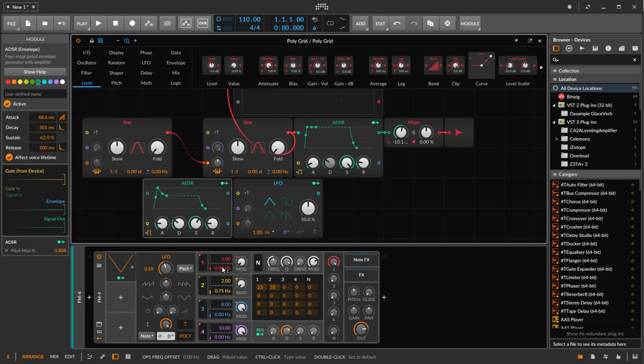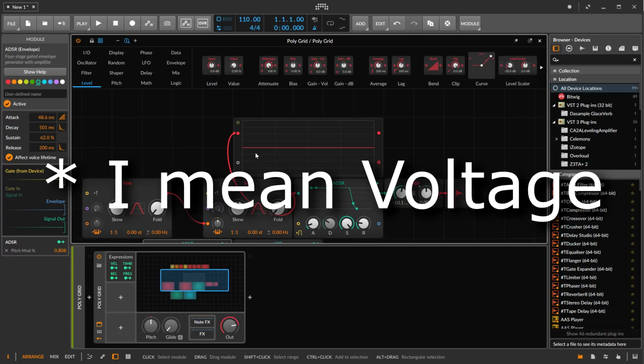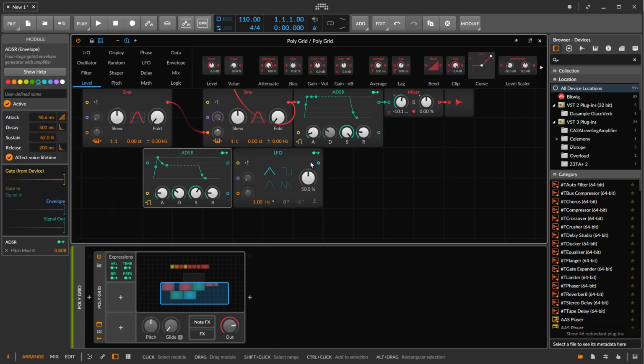Well, it's simply that we are phase flipping the signal. So instead of going up and down in the waveform, I'm going down and up. I'm just phase flipping the frequency.